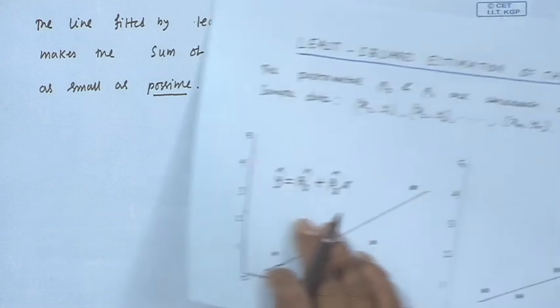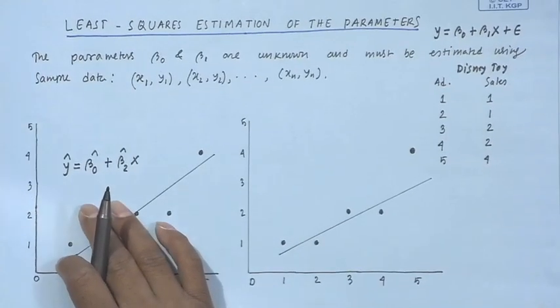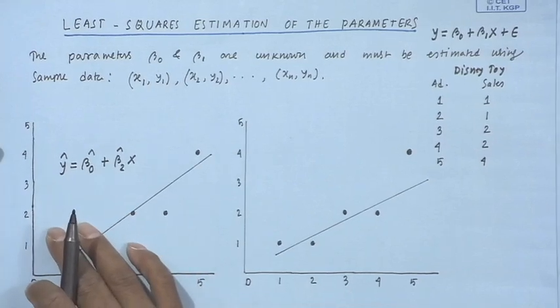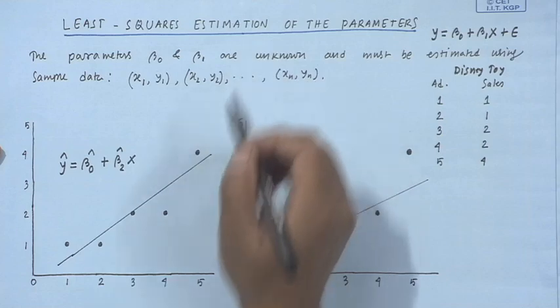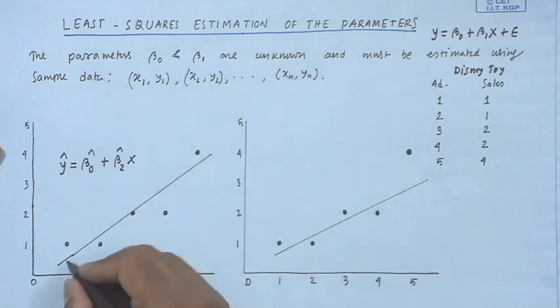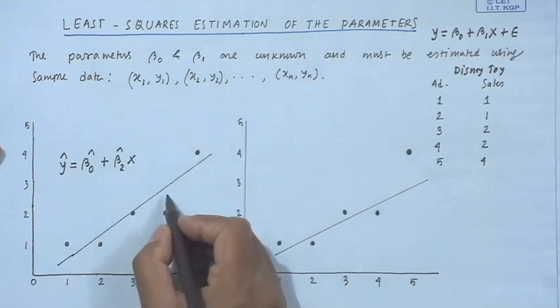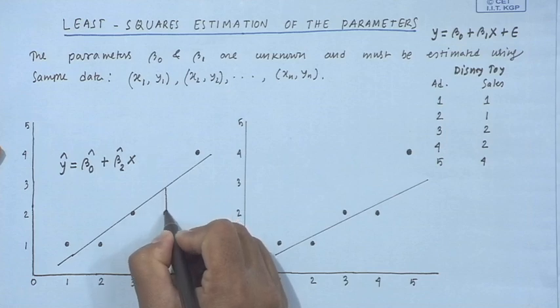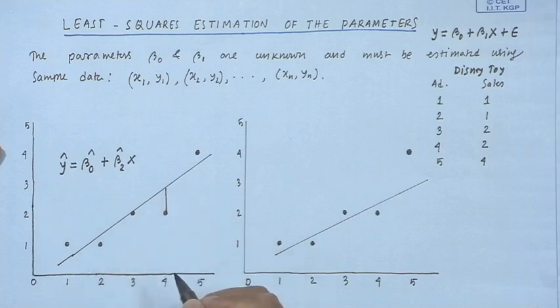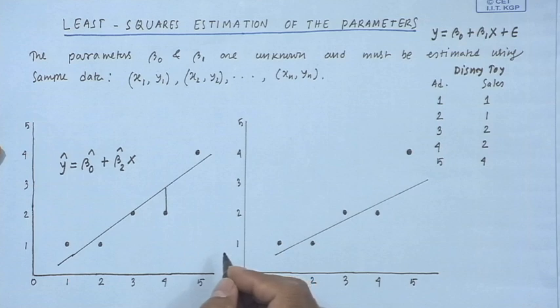So, what is the meaning of that? What the least square technique does is that it fits a line such that, what I mean by this vertical discrepancy, this is the vertical discrepancy for the fourth observation.